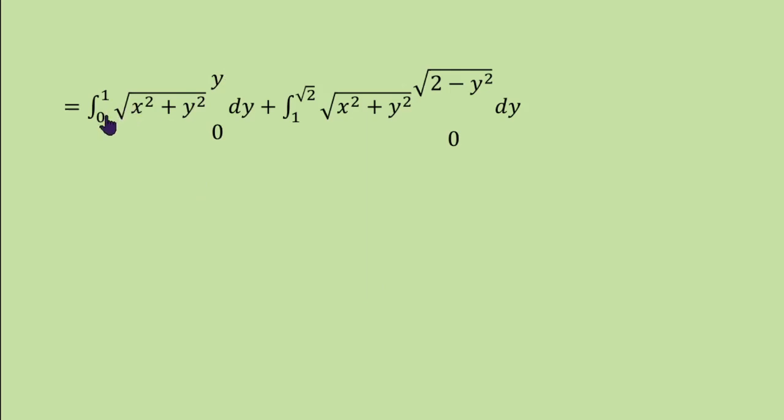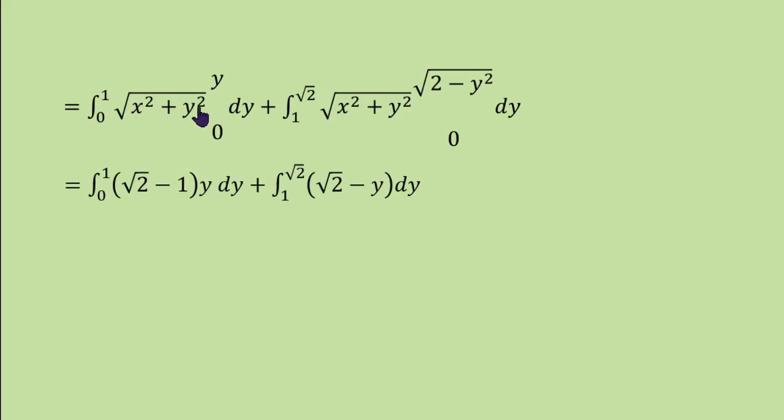Now apply the limits: 0 to y in the first integral, and 0 to root of 2 minus y square in the second integral. When x is y, y square plus y square is 2y square, and the square root of 2y square is root 2 into y. The lower limit is x equal to 0, so root of y square is y.